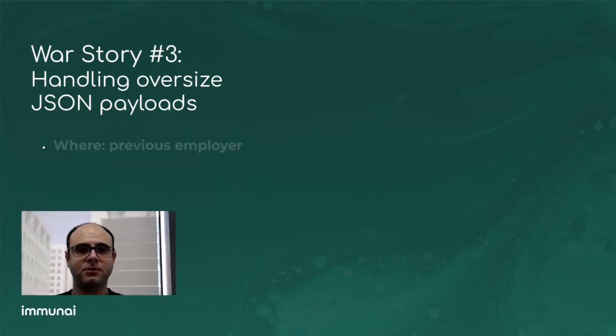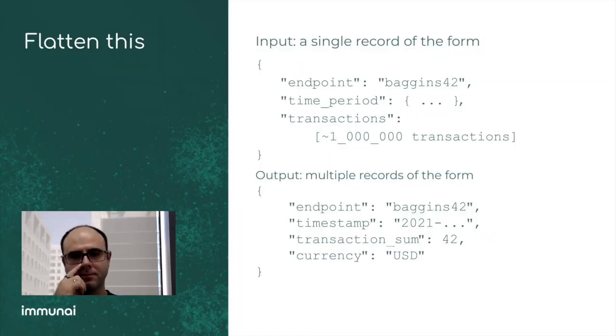The third war story I would like to tell you about is about oversized JSONs. This also happened about 5 years ago when I was working at a different place. Essentially, this was a flattening problem while operating in an environment that doesn't really support the flatten operation natively.